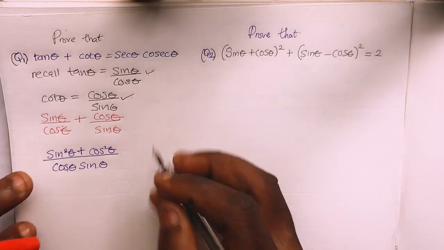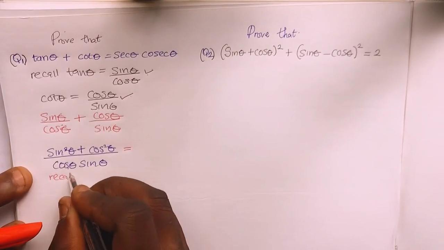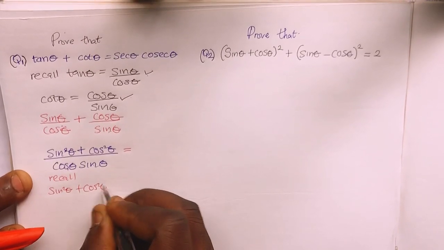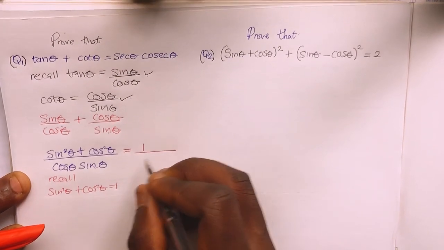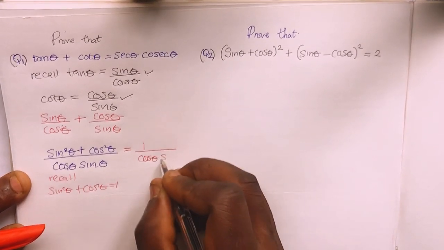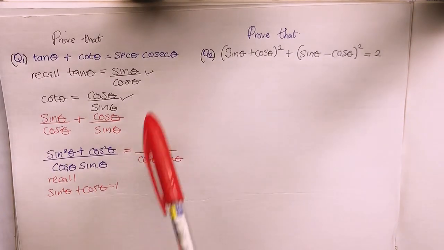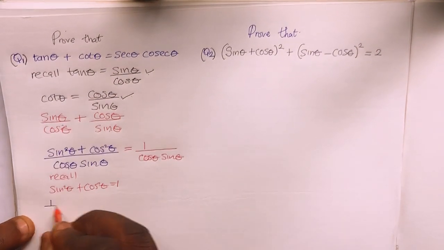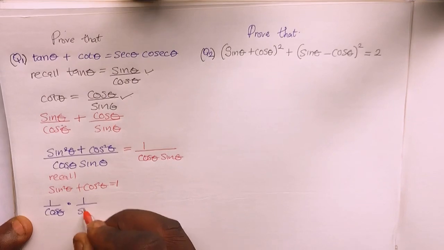Then this is sin squared theta plus cos squared theta over cos theta sin theta. You can recall that sin squared theta plus cos squared theta equals to 1, right? That means everything up here is 1. I'm having 1 over cos theta sin theta. This expression is the same as this, because I can separate these two as 1 over cos theta times 1 over sin theta.